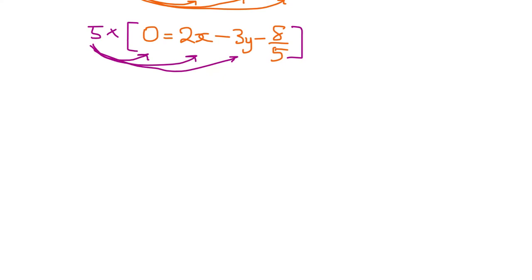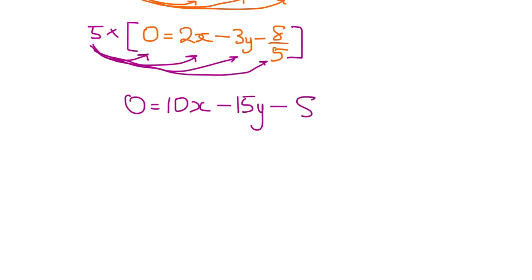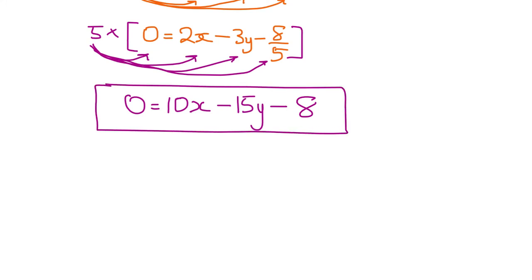By distributive property, 5 times 0 gives you 0, 5 times 2x gives you 10x, 5 times negative 3y gives you negative 15y, and finally 5 cancelling 5, you're left with negative 8. So that is actually the final step and our final answer.